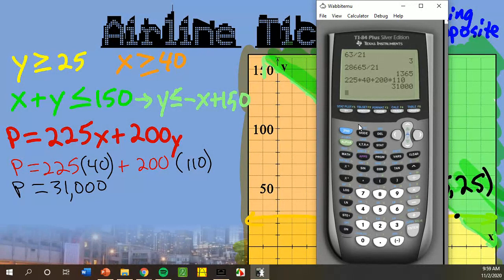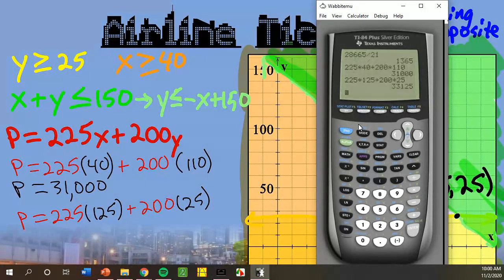If we have profits equal to 225 times 125 plus 200 times 25, that's 33,125.